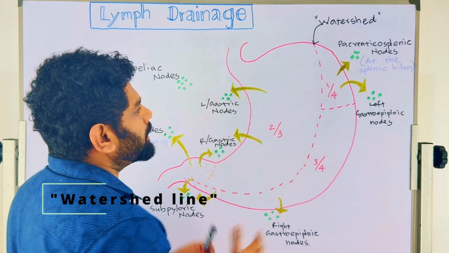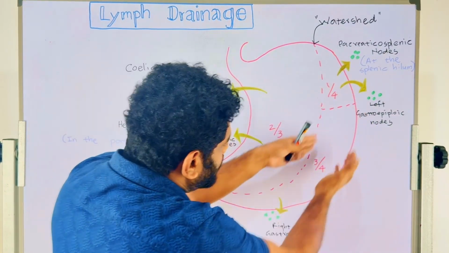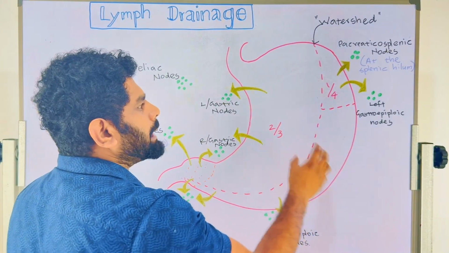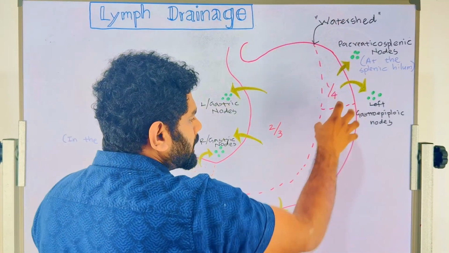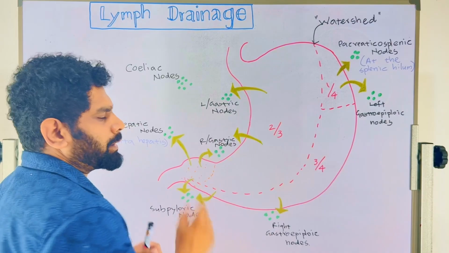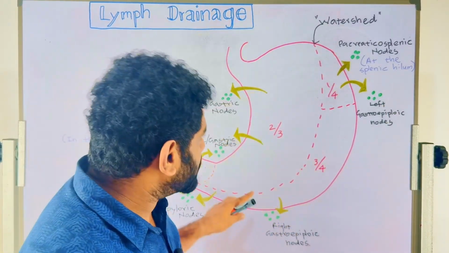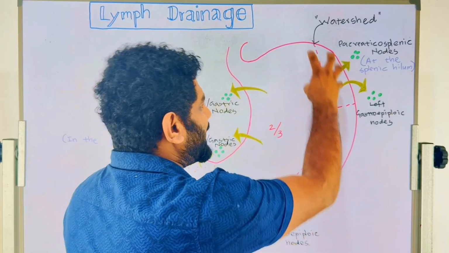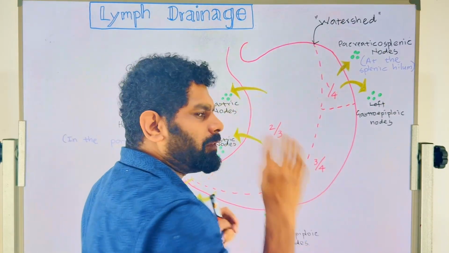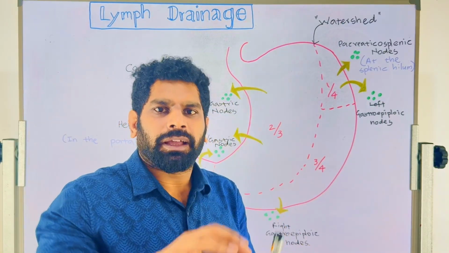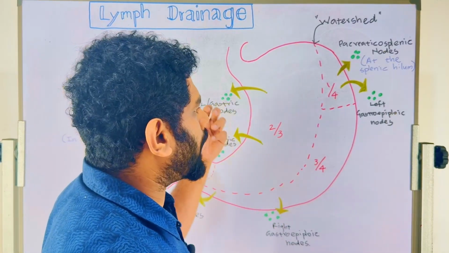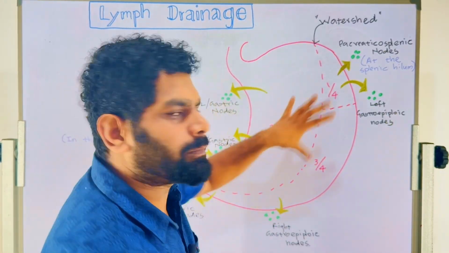And this lower 1/3, the crescentic part, can be further divided into upper quarter and the lower 3/4 parts. These are imaginary lines which are drawn according to the areas where the lymphatic flow starts and lymph drainage occurs. It will be easier to understand if we have these imaginary lines.